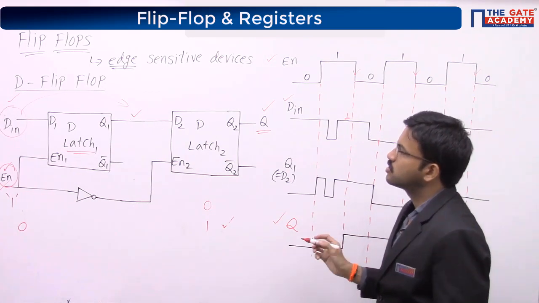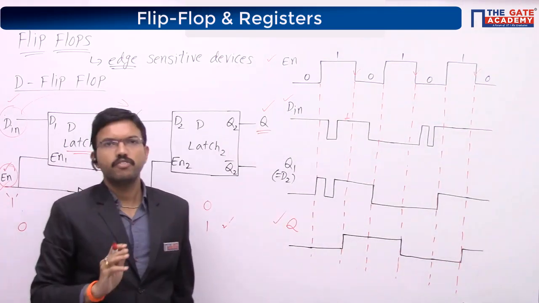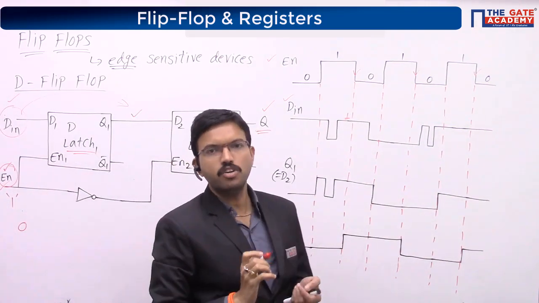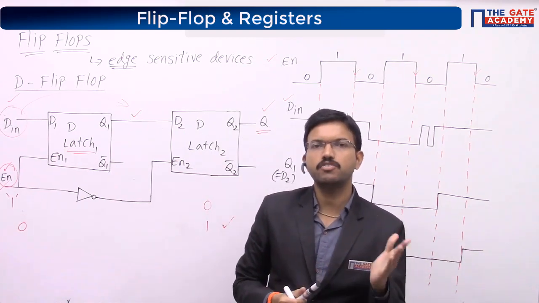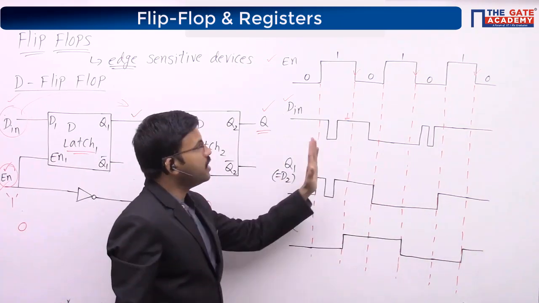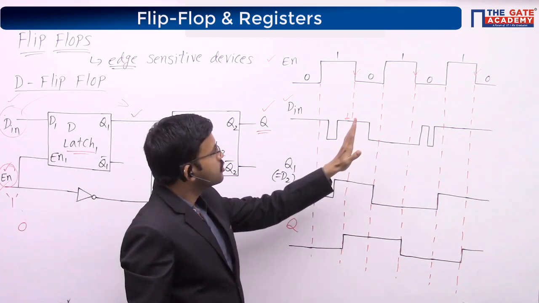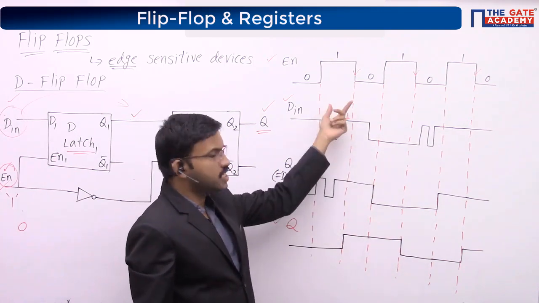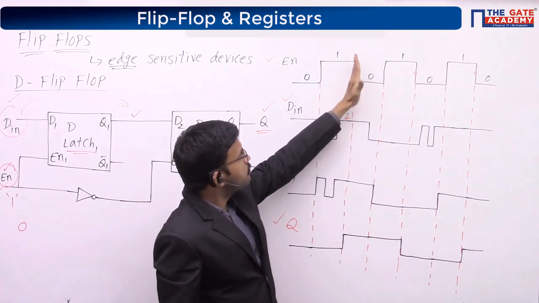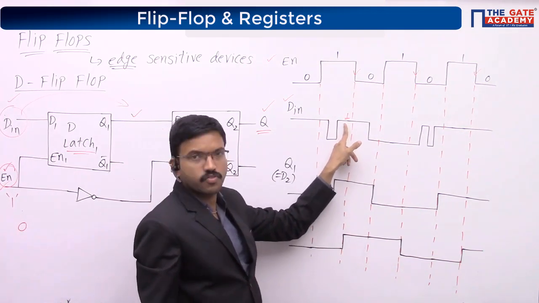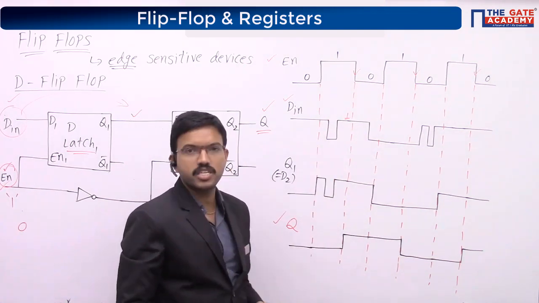For a D latch, when enable equals 1, the output equals the D input. Here, for flip-flops, the output will be equal to whatever D input you have just before the transition. Here the input is 1, so that same thing you will get after the transition.